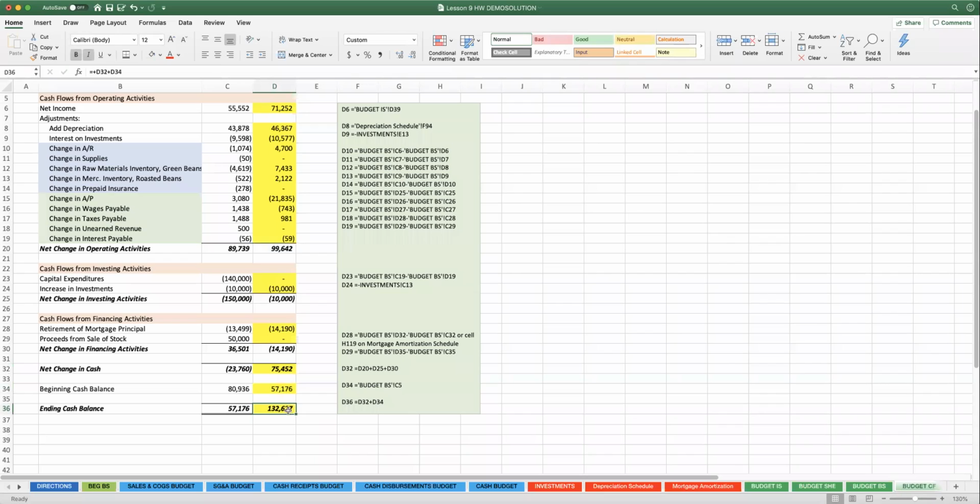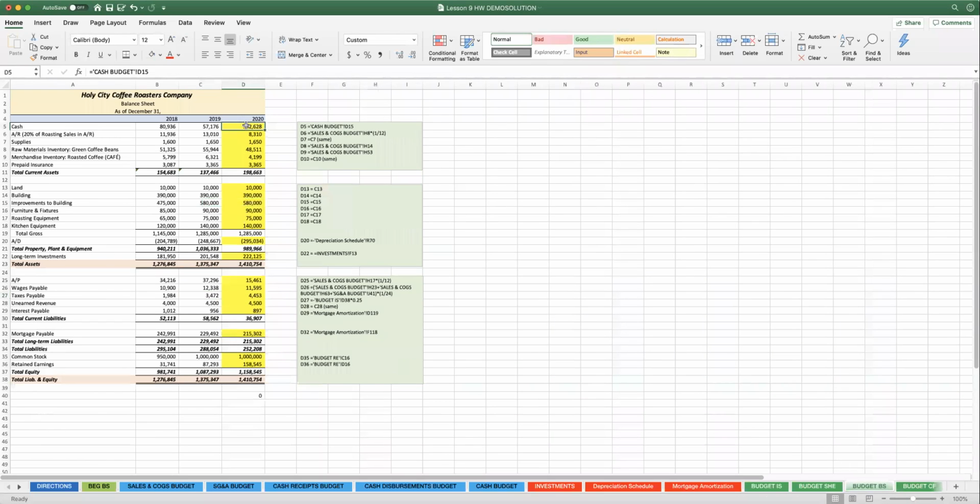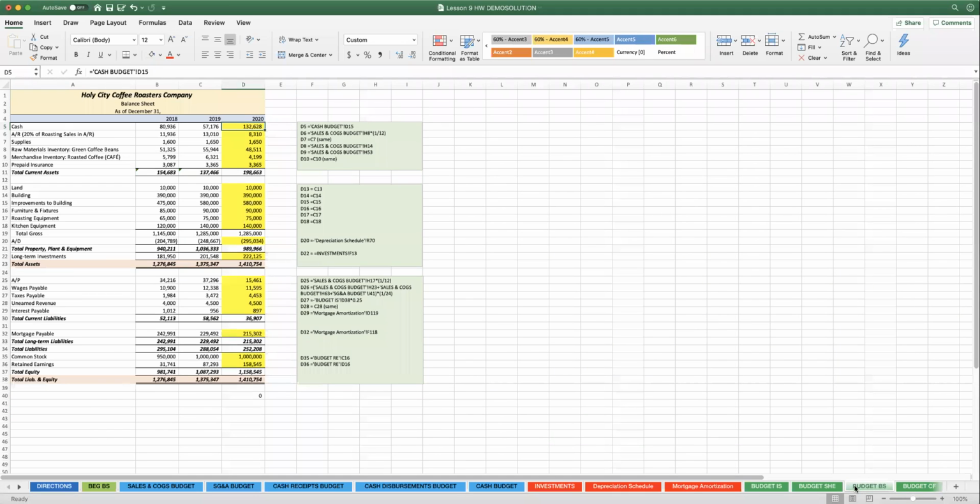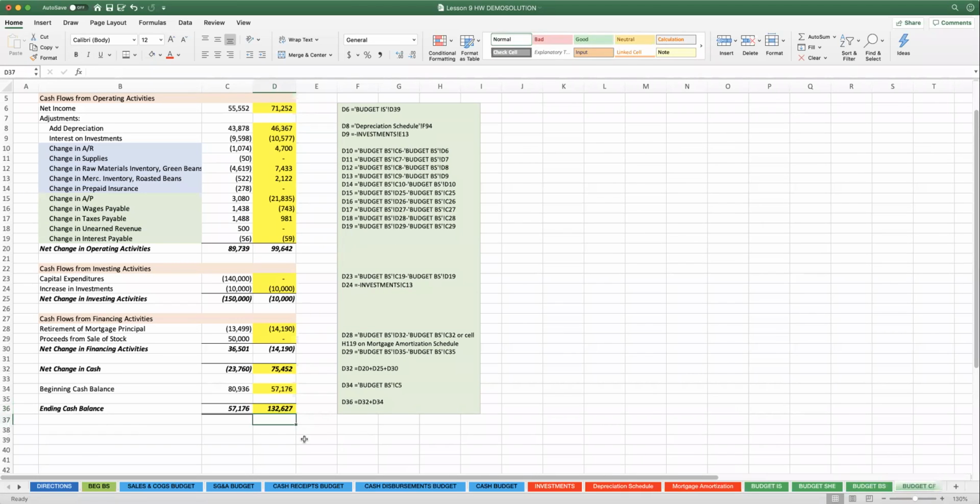Okay, 132,627. If you look at your balance sheet, it's off $1. That's okay. We don't worry about $1. It's close enough, right? So it does match with what you have over there on the balance sheet perfectly well. Okay, right there. So that's a way to double check your work and make sure that you got it right.